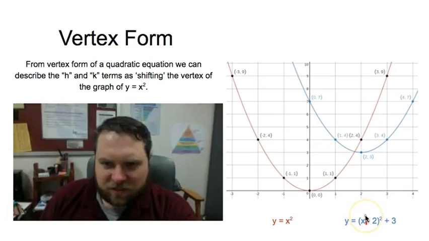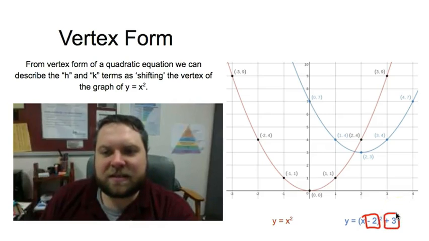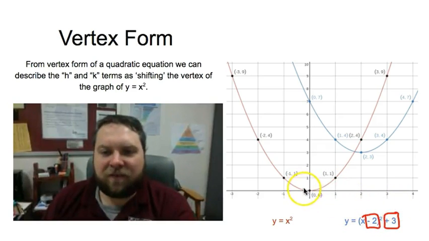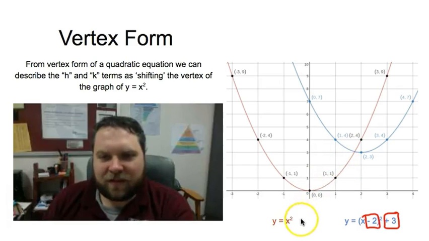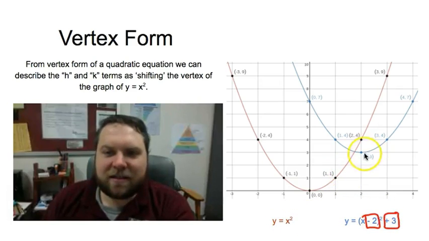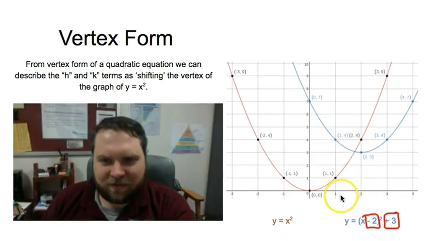So my h value is this minus 2, and my k value is this plus 3. And what we're interested in is how those two values affected this red graph. Imagine I took this minus 2 and put it inside here with the x, and this plus 3 and put it on the outside. The question is, what did that do to the graph?